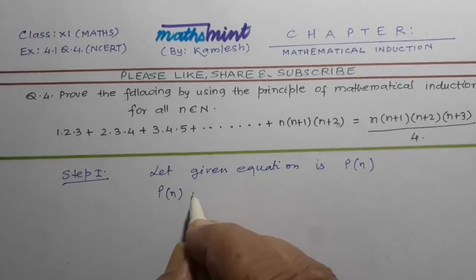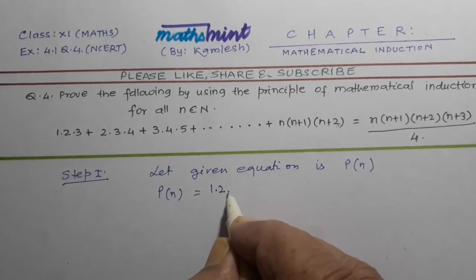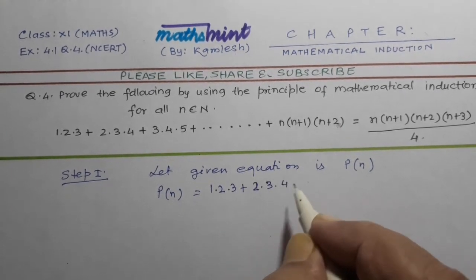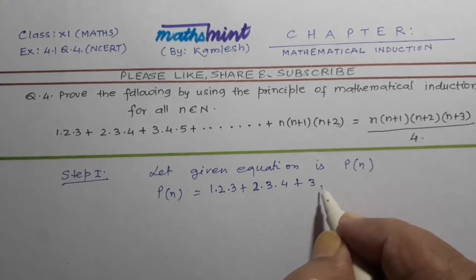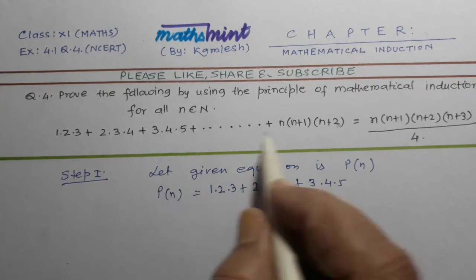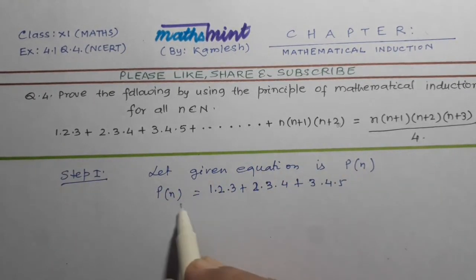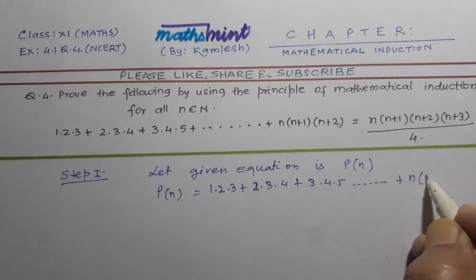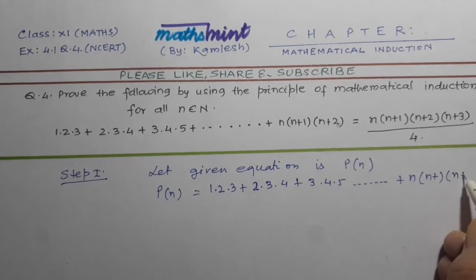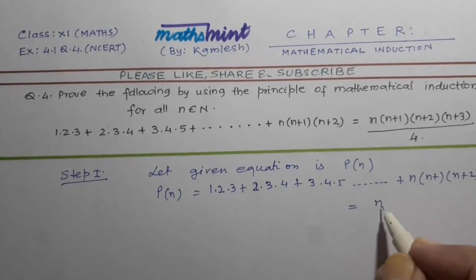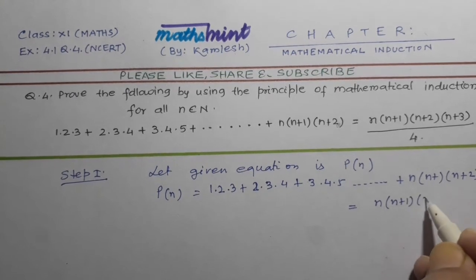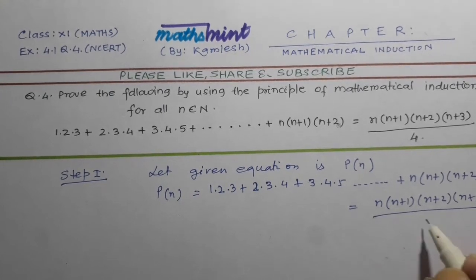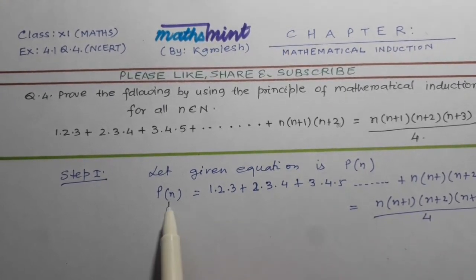P of n will be 1.2.3 plus 2.3.4 plus 3.4.5, like this, dot dot plus n into n plus 1 into n plus 2 will be equal to n into n plus 1 into n plus 2 into n plus 3 by 4. In the first step, we write the statement in the form of Pn.